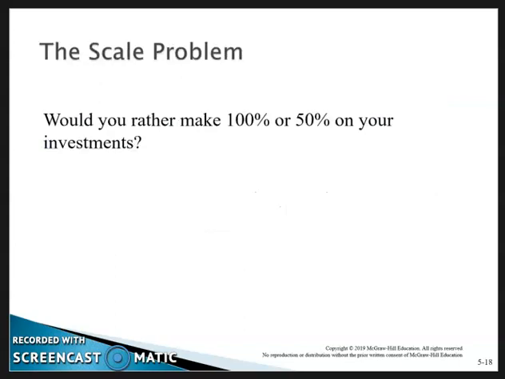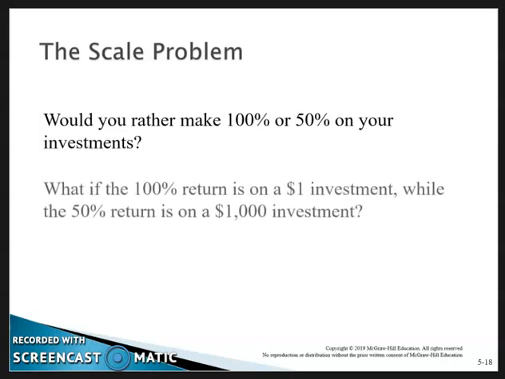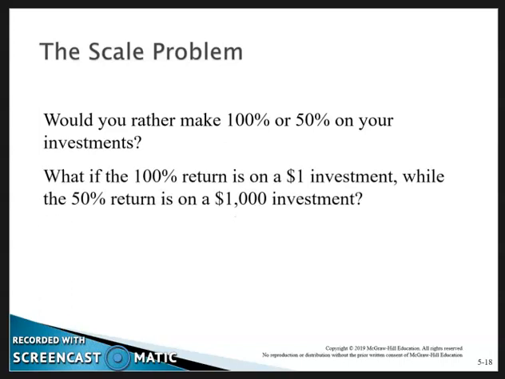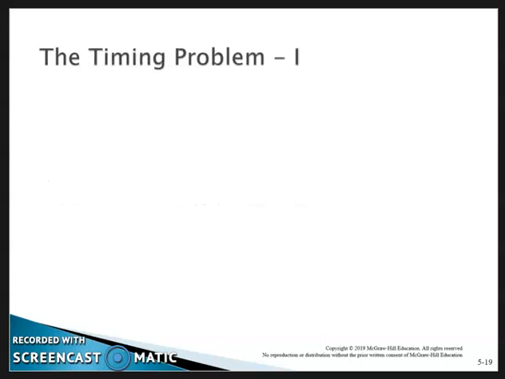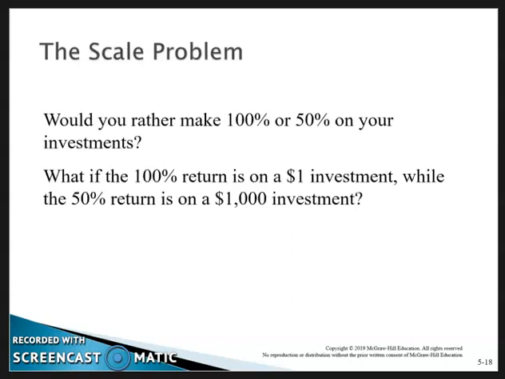Scale problem. Would you rather make 50% or 100% on your investments? If the 100% return is on $1, and the other 50% return is on $1,000, you would obviously prefer to earn 50% on $1,000 as opposed to 100% on a $1 investment.